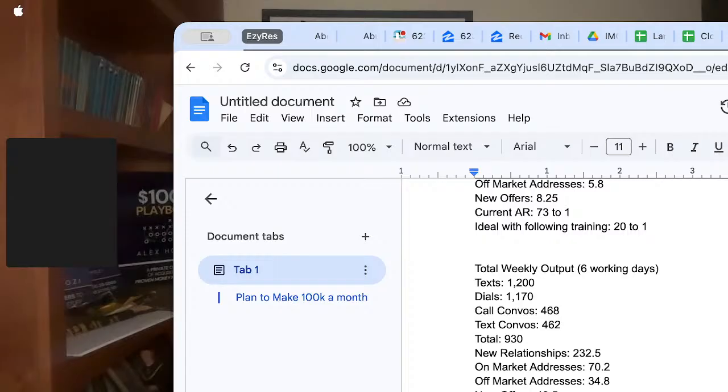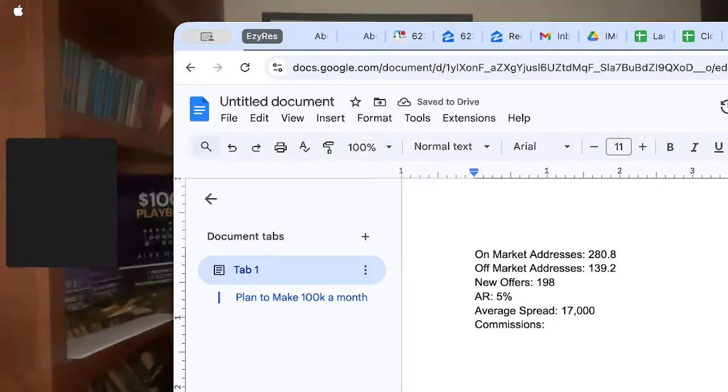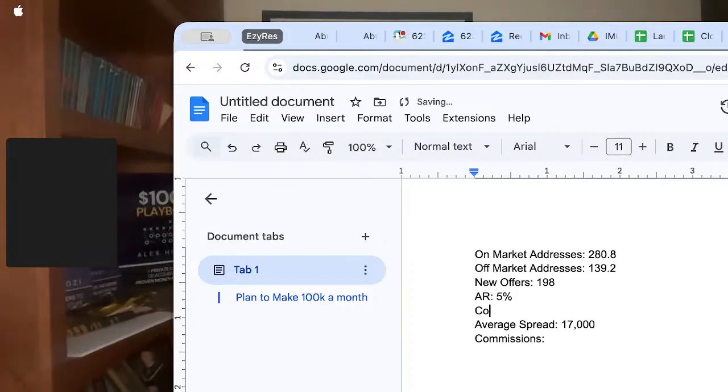New offers would be, let's see, 49.5 times 4 is 198 new offers. AR is 5% because of my new training. Average spread is 17K. Wait, we gotta go contracts.